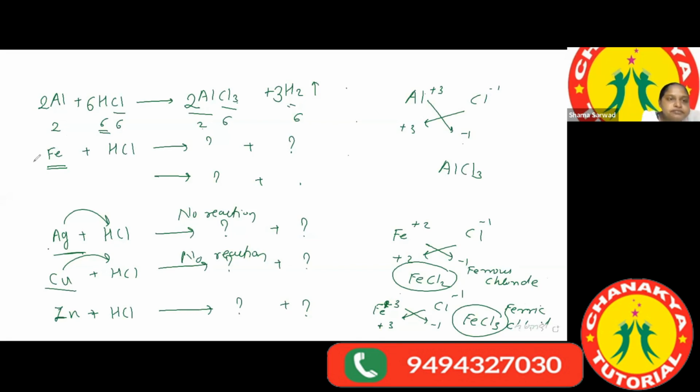Now, those formulae we are supposed to write, and the balancing things. Isn't it? What would the formula be here now? If it acts as Fe plus 2, then FeCl2 plus H2, right? As it is in gaseous state and released on the product side, we have to show it with an upward arrow.